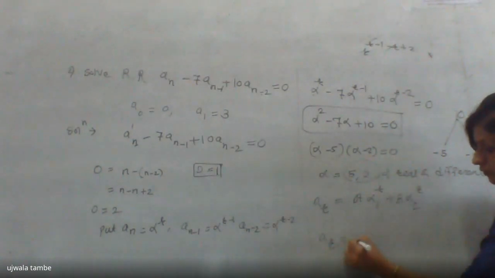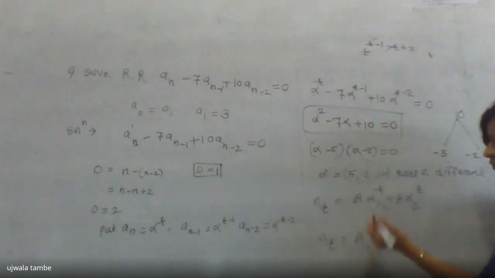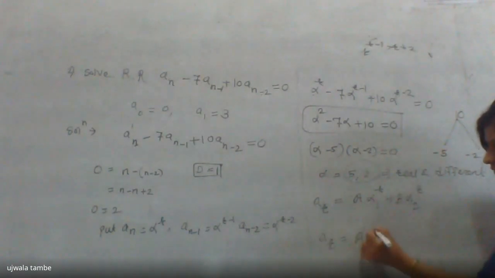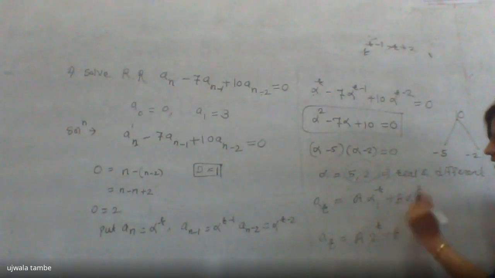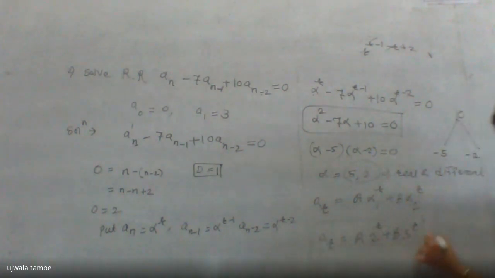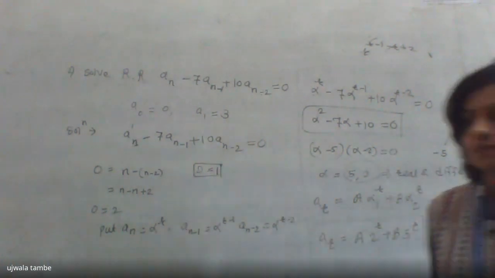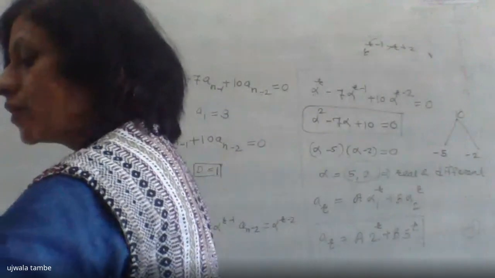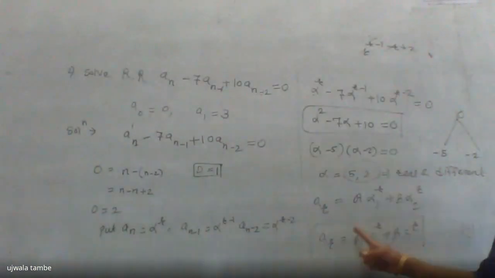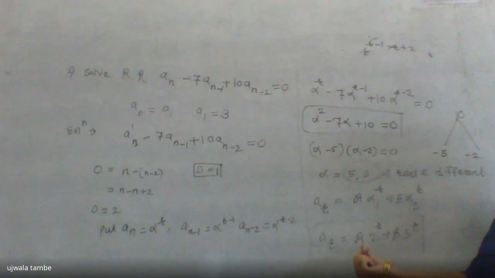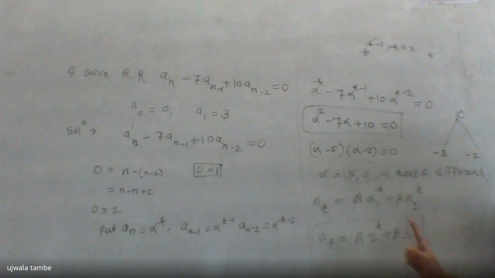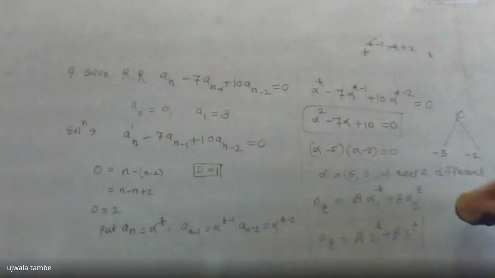Therefore, a_r is equal to A into 2 raised to r plus B into 5 raised to r. We get the homogeneous recurrence solution in terms of arbitrary constants A and B. To find the complete solution means to evaluate the values of A and B using the initial conditions.